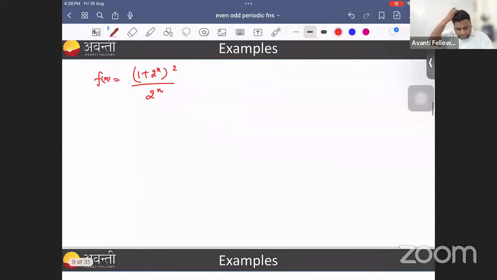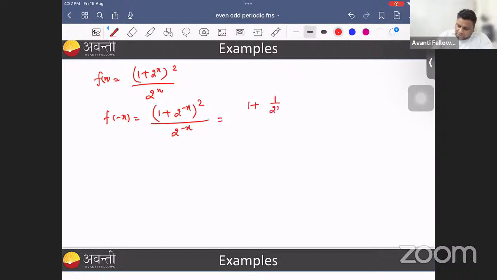Now see, f of x equals, if you replace x by minus x, it is 1 plus 2 to the power minus x whole square upon 2 to the power minus x. So it will become 1 plus 1 upon 2 to the power x whole square upon 2 to the power minus x.